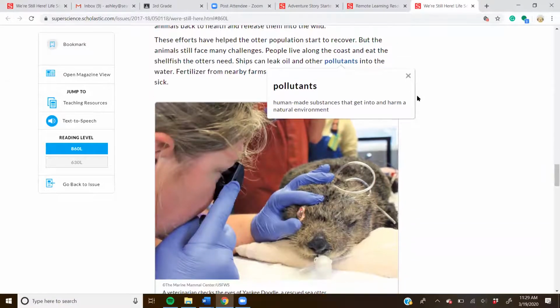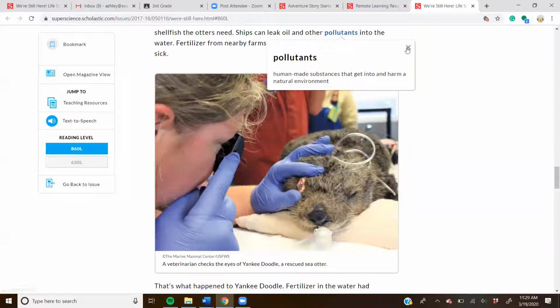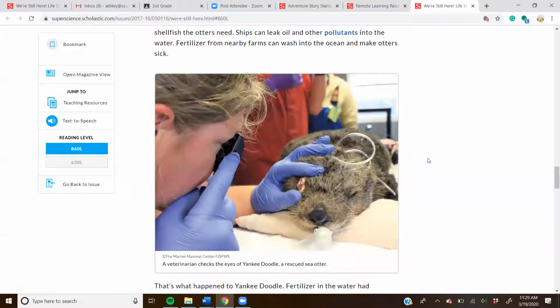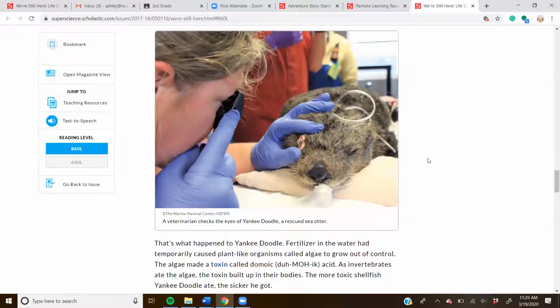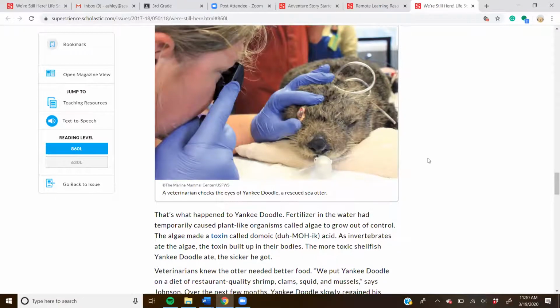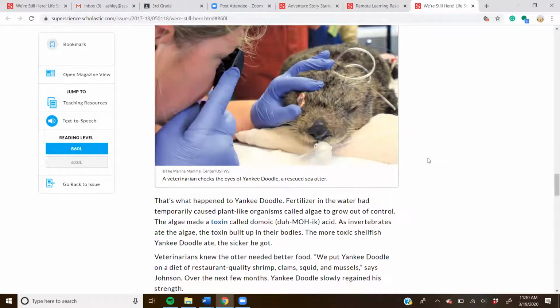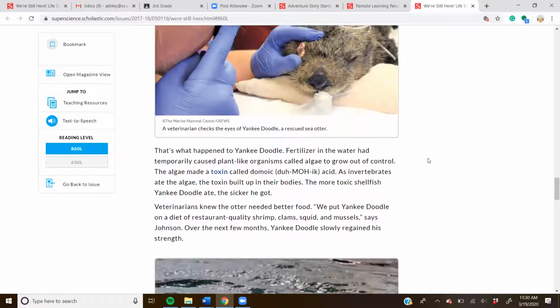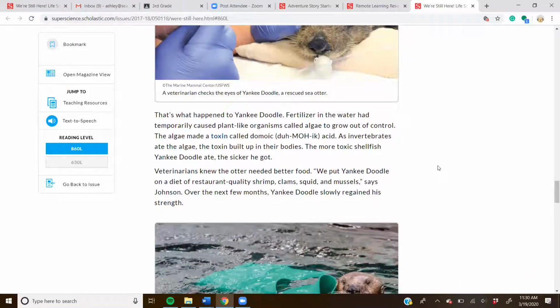Like sea turtles mistake plastic bags for jellyfish. Yeah. So we have a picture of our poor little otter, and so many nice people help, like this veterinarian checking Yankee Doodle's little eyes. All right, I see a hand raised, Michaela.